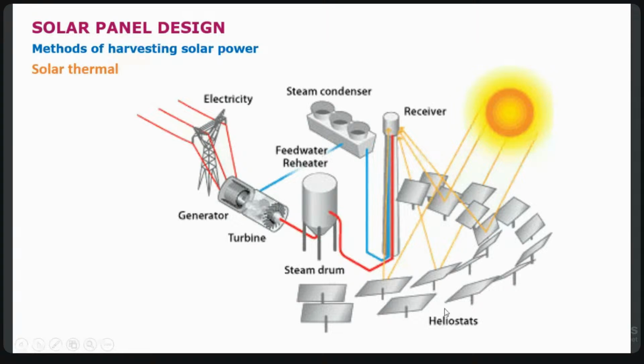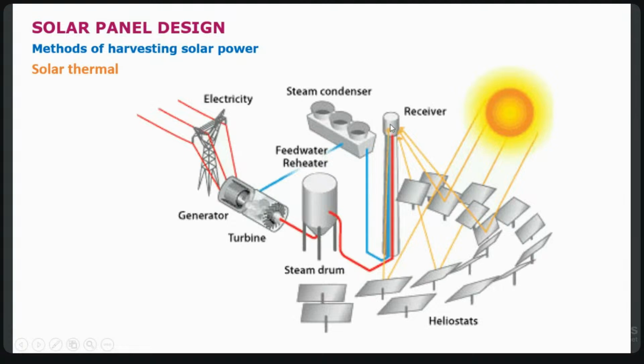From these heliostats, the solar power is received from the sun, and all the power is reflected to a concentrated single point, which is the receiver. When all the power is reflected on one point, the temperature suddenly rises in the receiver.